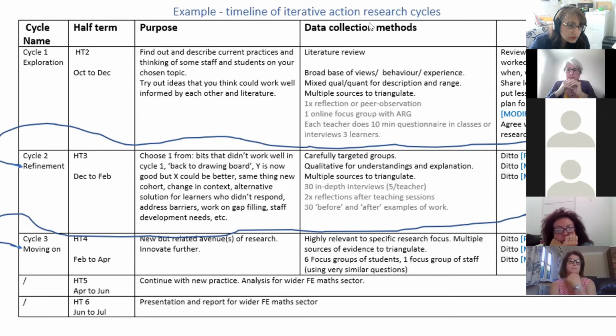Would you suggest that we did these cycles in a linear manner, as opposed to having them all going off at the same time? Right, so you could take your whole action research group, be that 4 up to 12 people, through in a linear manner, all doing the same.